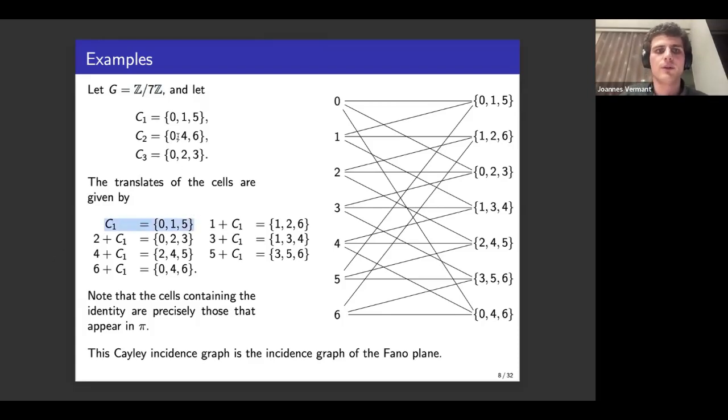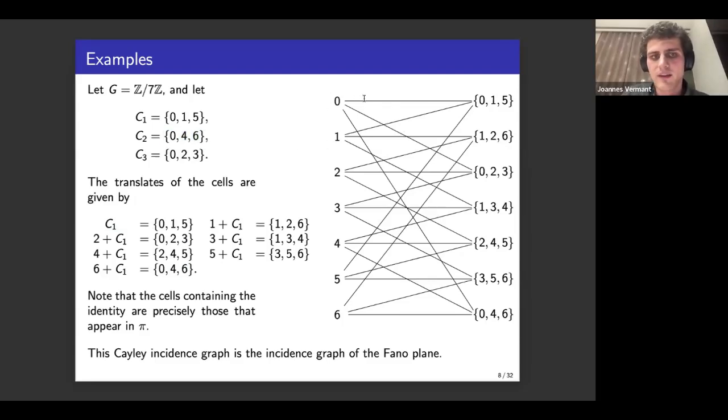So C1 is {0, 1, 5}, and then we have 1 plus C1, 2 plus C1, 3 plus C1, up to 6 plus C1. We see that 2 plus C1 is equal to C3, and we see that 6 plus C1 is equal to {0, 4, 6}.